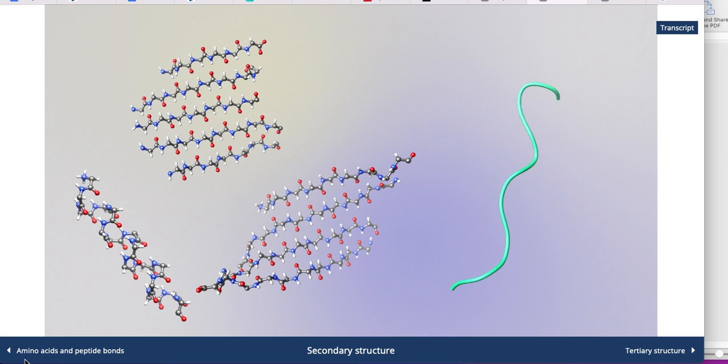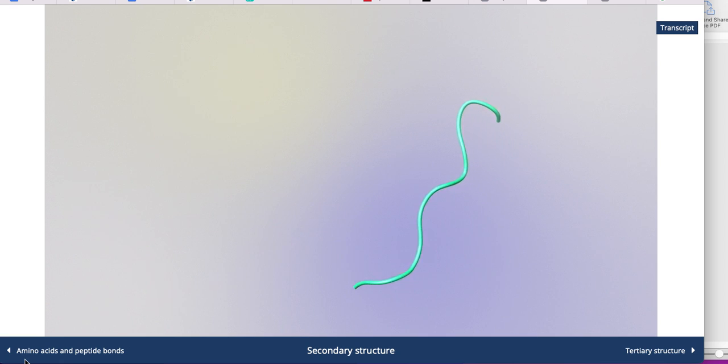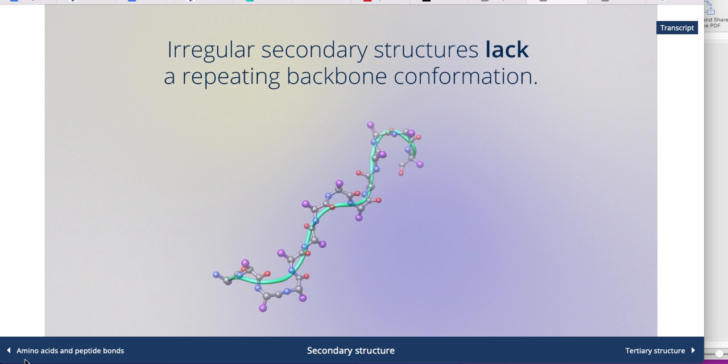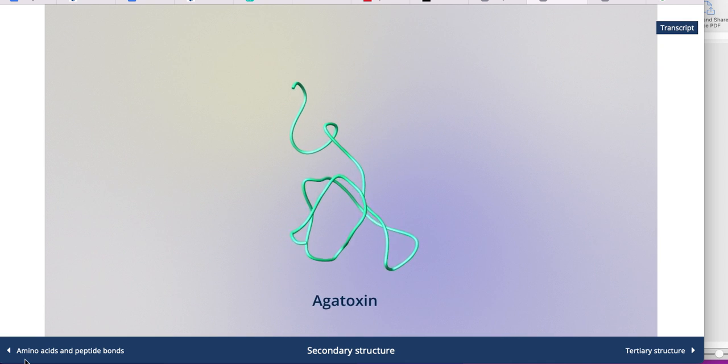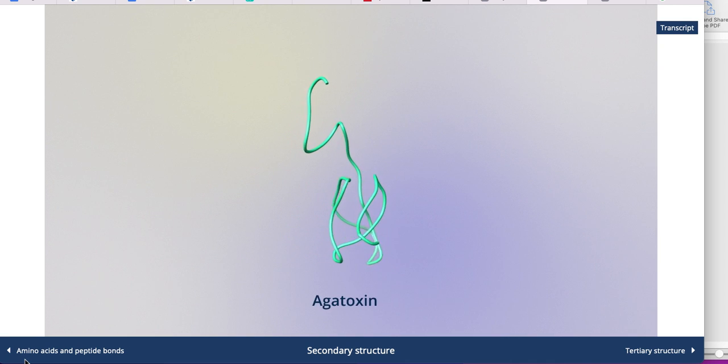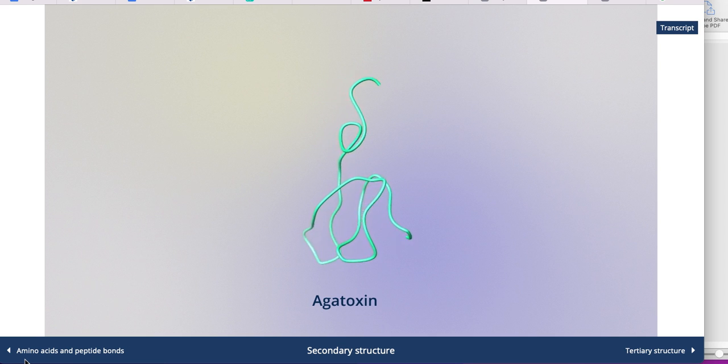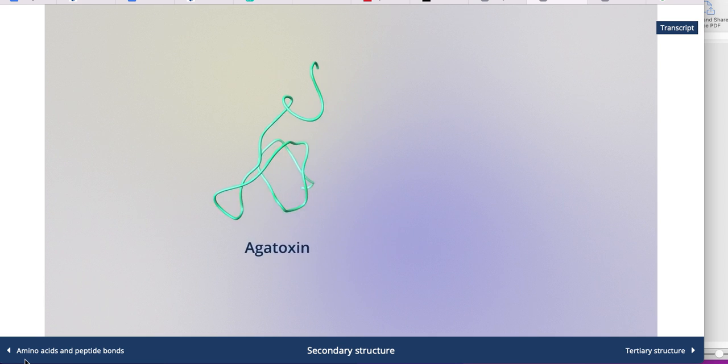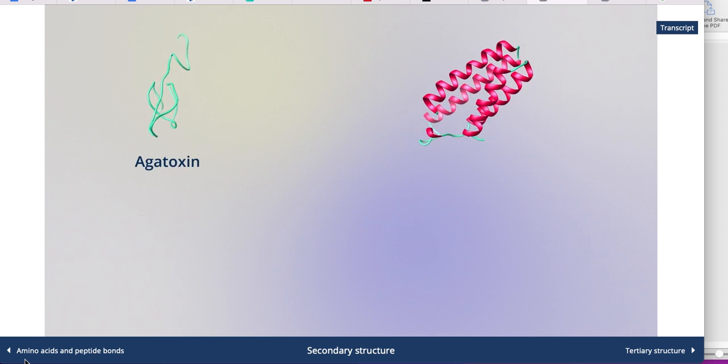Segments of polypeptide that do not form alpha helices or beta sheets are said to have irregular secondary structure. In these segments, each amino acid residue has its own conformation. In some proteins, the secondary structure is almost entirely irregular. Proteins can be classified by their secondary structure.